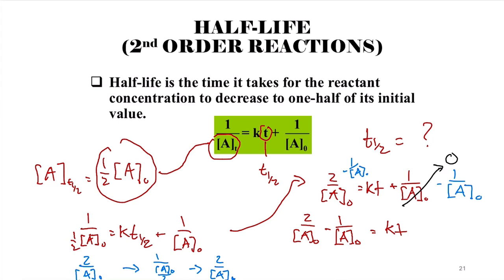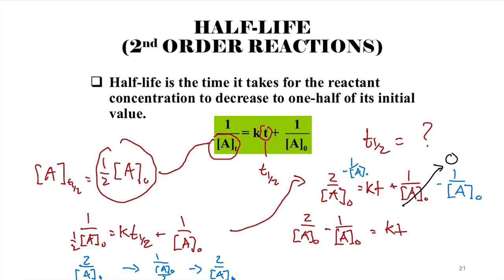How does this simplify? This just goes to 1 over the initial concentration, right? So this is just a fraction. It's like if you had 2 over 3 minus 1 over 3, right? If we just treat that as a number, 2 over 3 minus 1 over 3 is 1/3, right?